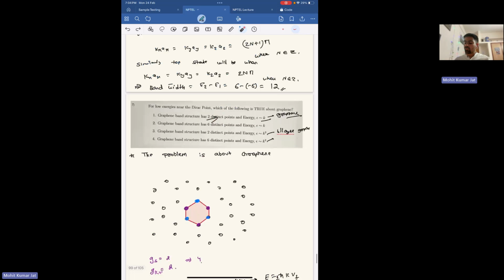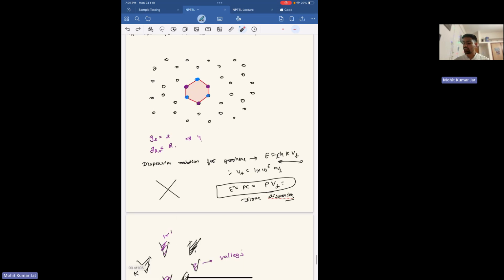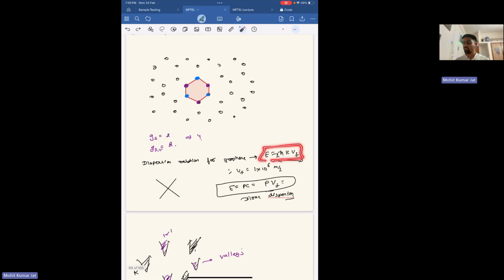Now the next problem was for graphene. I showed that these three points are of one kind and these three points are of one kind, rotated by 180 degrees with respect to each other. So there are two distinct points, and the energy dispersion for graphene is h bar k Vf, where Vf is a constant known as the velocity of the carrier.